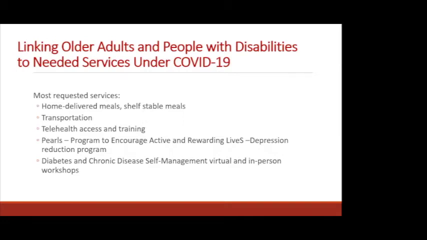Then COVID-19 hit. Like most other organizations, we had 100 classes happening across the state of Maryland. So within a 7-day period, we went from 100 to 0. So we really had to think about how we were going to do things differently.